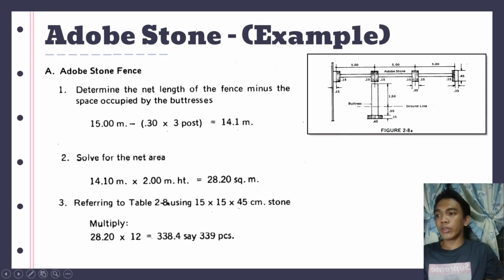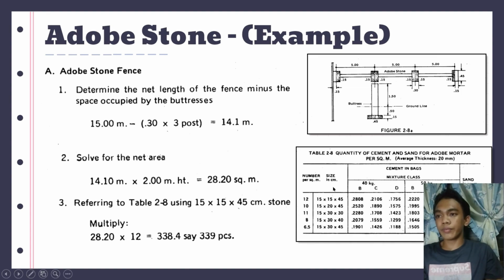Then referring to table 2.8, using 15 by 15 by 45 centimeter stone, you just need to multiply the net area by 12 here. So that is equal to 338.4 and round it up. So we need 339 pieces of adobe stone for our fence.